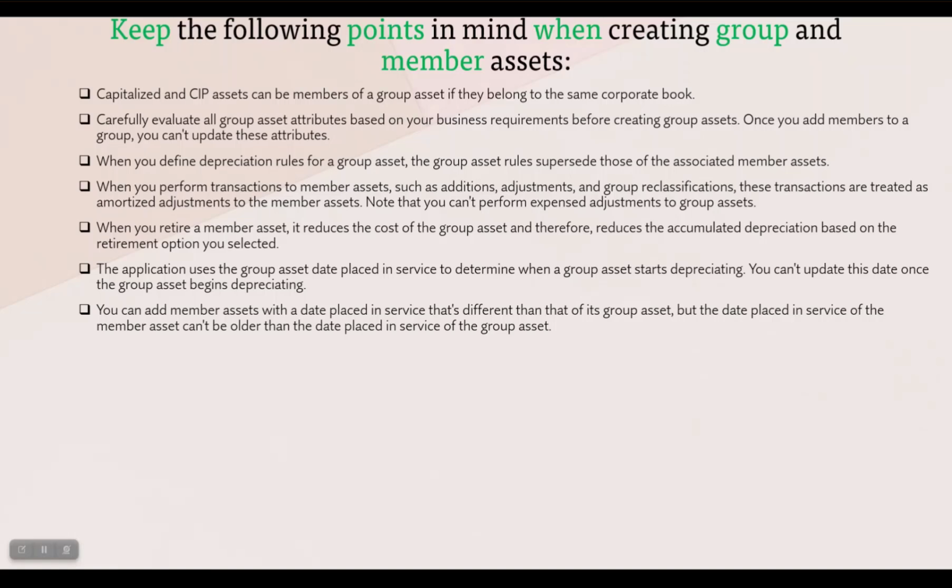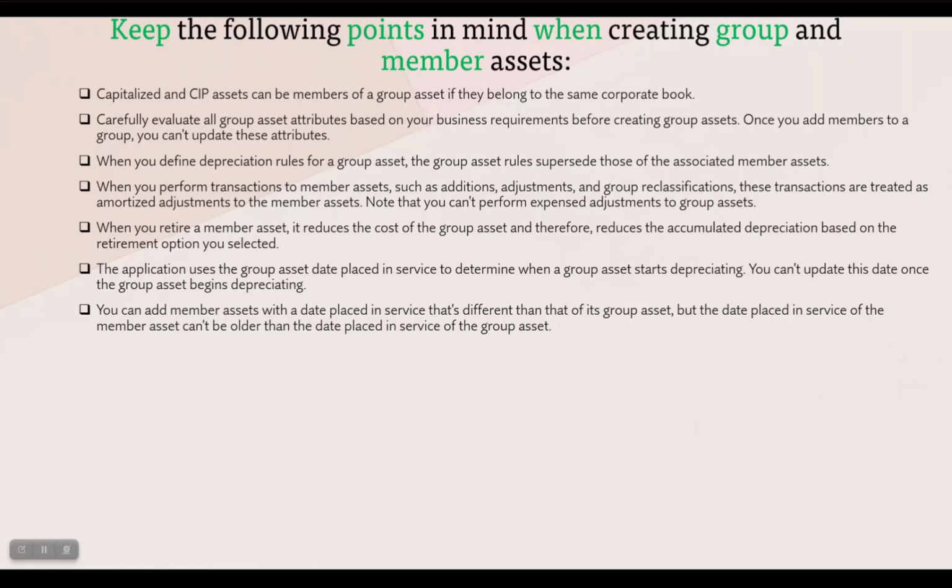For example, if the date placed in service for the group is 1st of January 2024, the DPIS for the member assets must be either the same, which is 1st of January 2024, or after that. But you cannot add any member asset before this date.